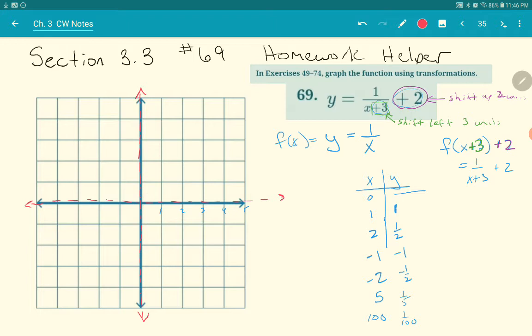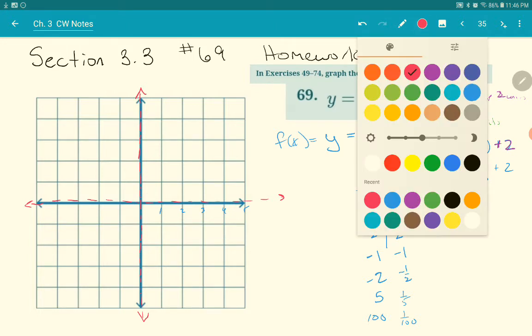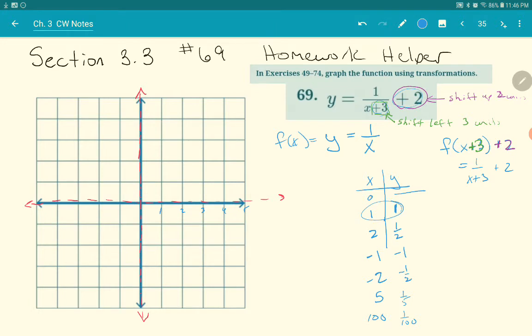And then I have some points I can plot. There's 1, 1, so there's a point here, and that is over here as well. And then I have 2, 1/2, 3, 1/3, 4, 1/4, 5, 1/5, and so on. It's getting smaller and smaller. What about if I plug in a half?